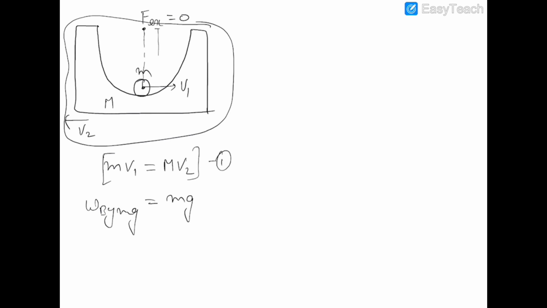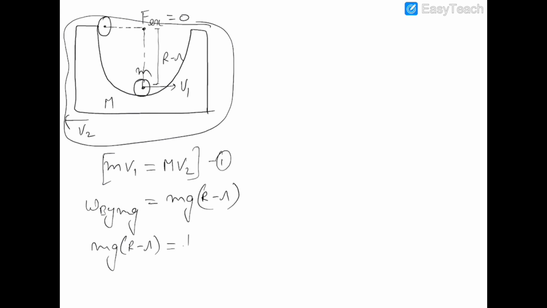Now this distance which is traveled by the center of the ball is R minus r, because initially the center of the ball was at this level. So this is R minus r. This is the work done by mg, and this work done is converted into the kinetic energy of the system.